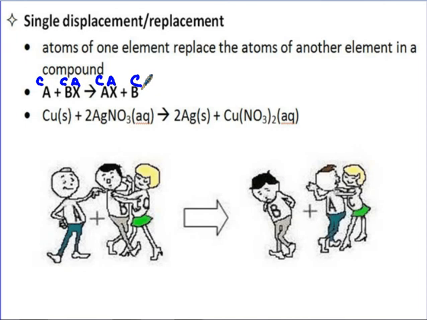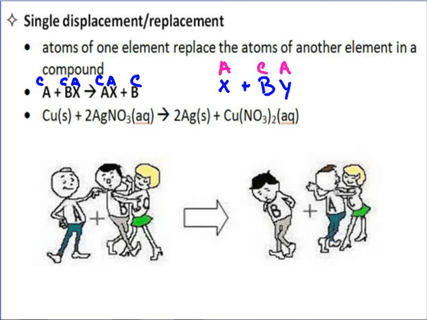This can also happen with anions. So you can have a situation like this where it's X plus BY, and X is an anion, B is a cation, Y is an anion.